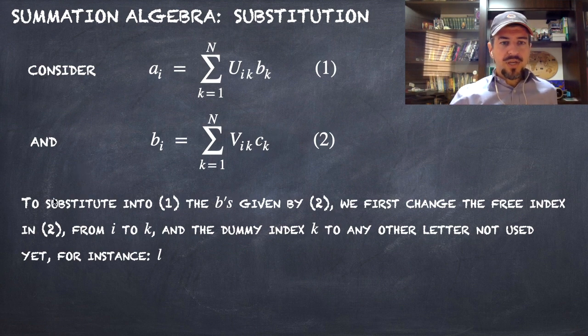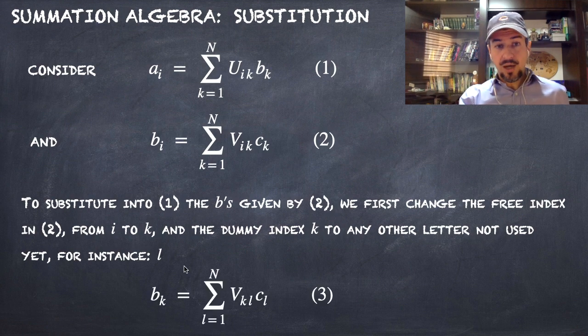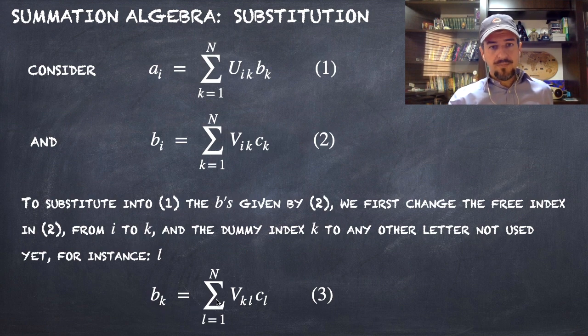To do that, we first need to change the free index in equation 2 from i to k, because here it is b_k. And because this is going to be k, we also need to change the dummy index k to any other letter not used yet, for instance l. So instead, we write b_k equal to the summation of v_kl c_l.